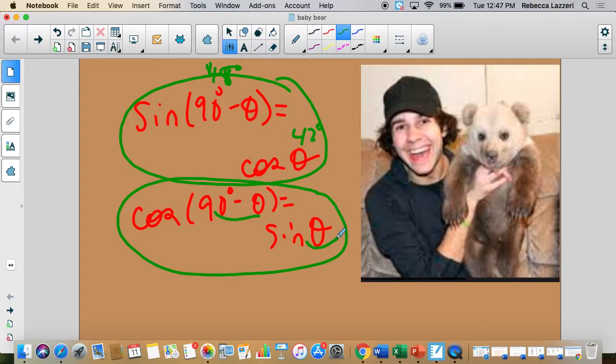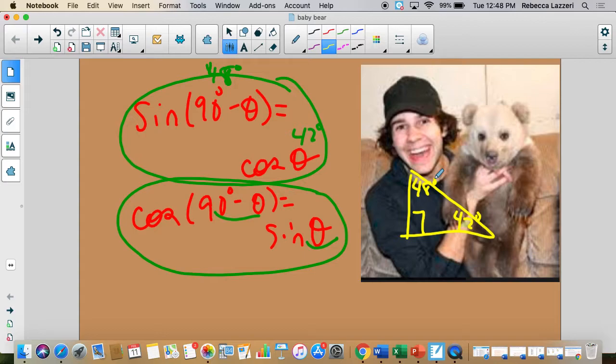Now, you don't really need to write this down, but it's always nice to know why things work like that. If this is Julia's 42 degrees and this is 90 degrees, by your geometry, that leaves this to be 48 degrees.